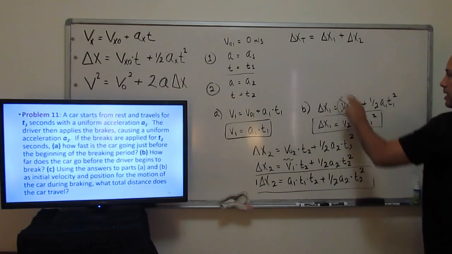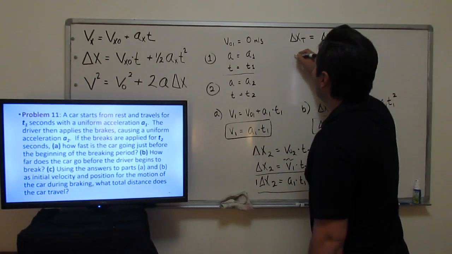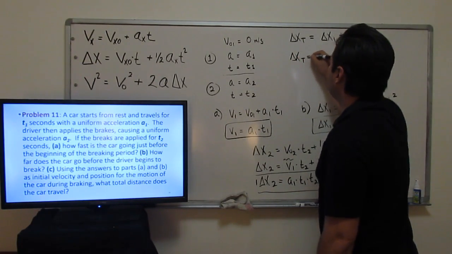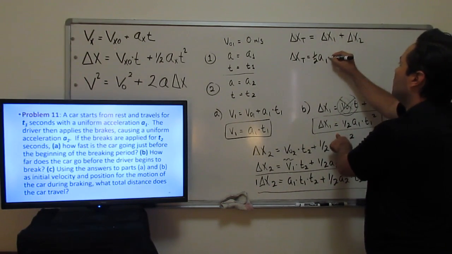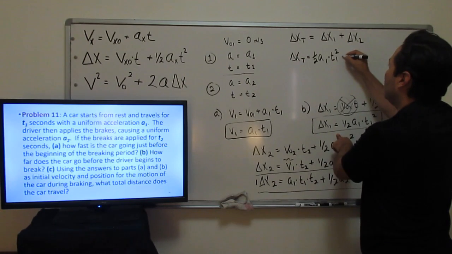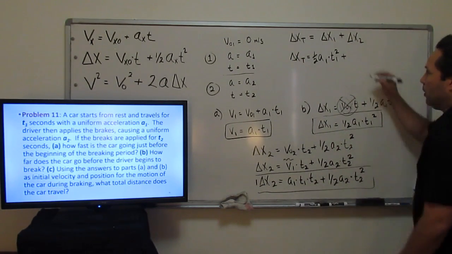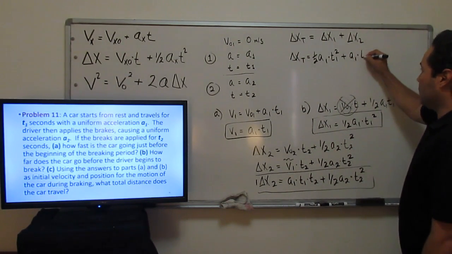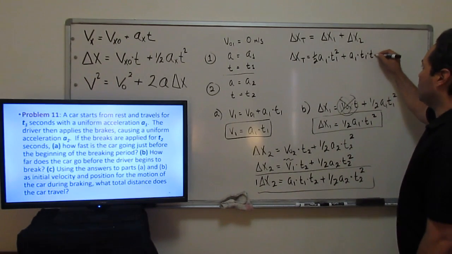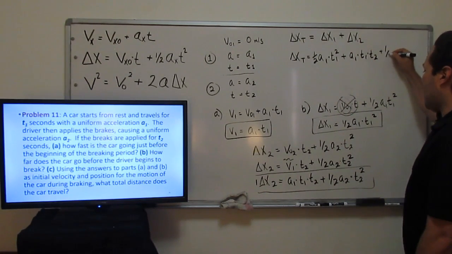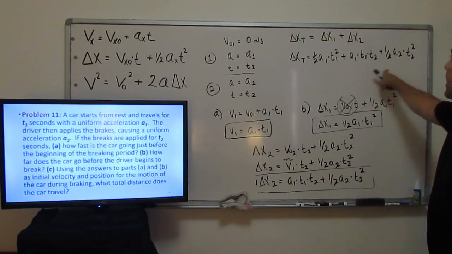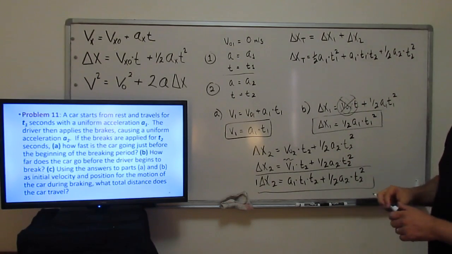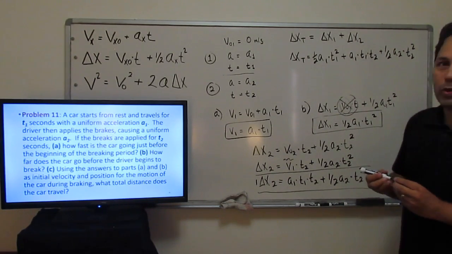For our total, it's gonna be 1/2 A1 times time 1 squared, plus this part, which is A1 times T1 times T2, plus 1/2 A2 times T2 squared. And that would be the answer for an AP question, all letters, no numbers.